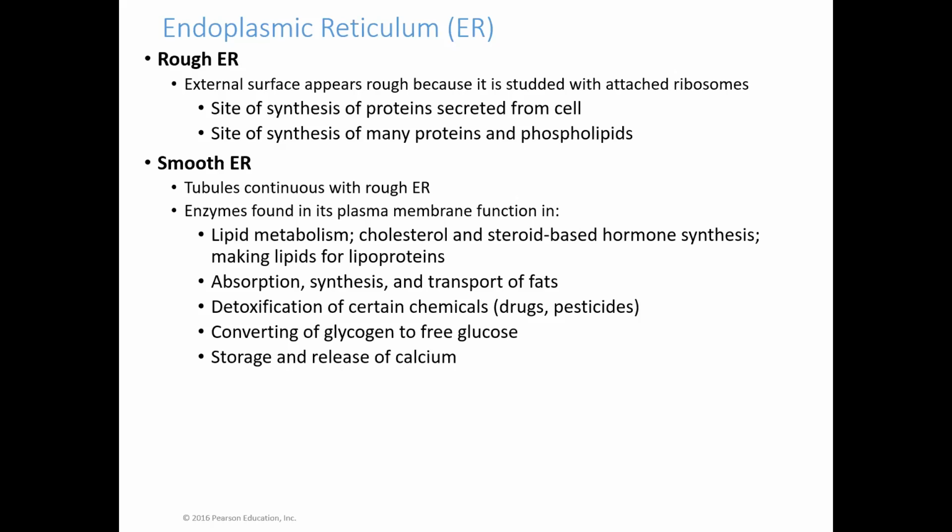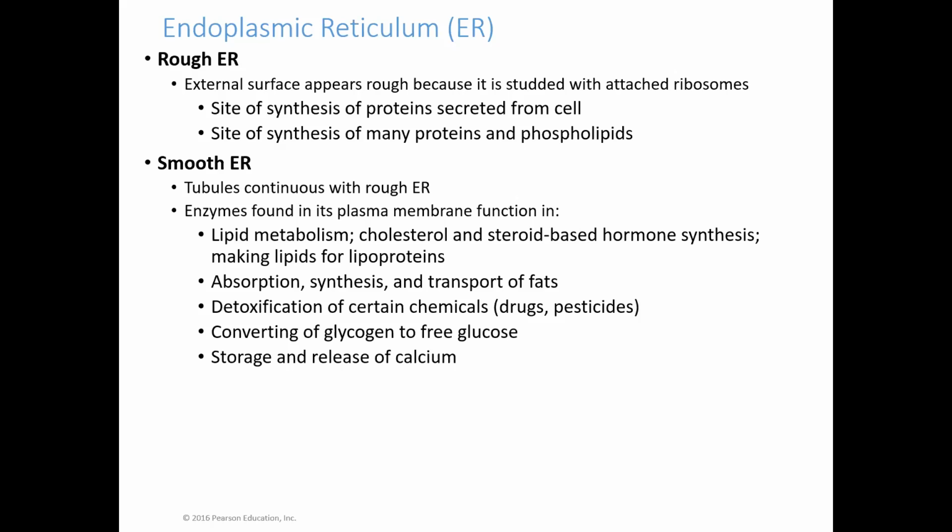And the steroid-based hormones, all derived from cholesterol, are made in the smooth ER. We transport fats in our smooth ER. And a very important role of smooth ER is detoxifying, breaking down chemicals that we encounter.